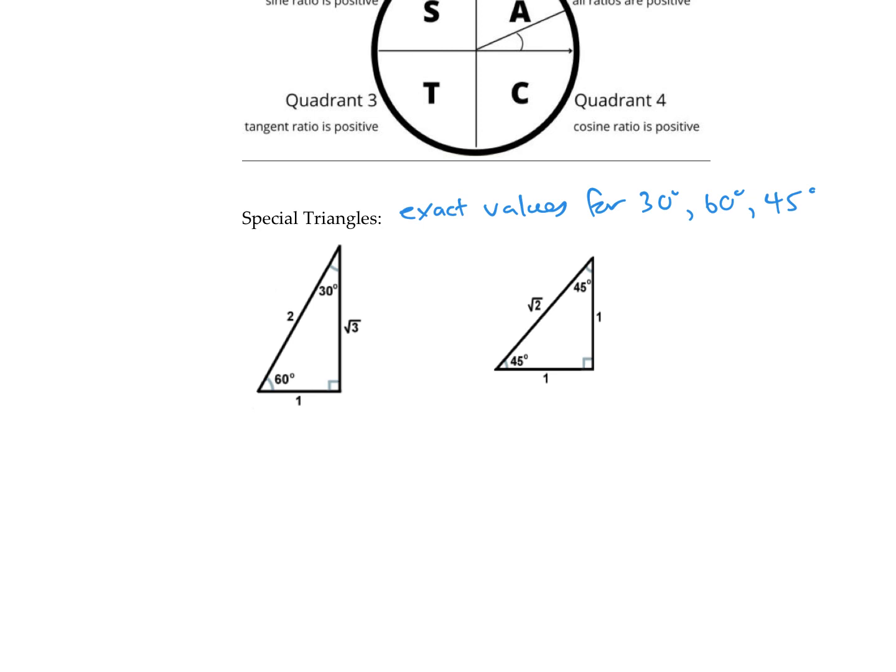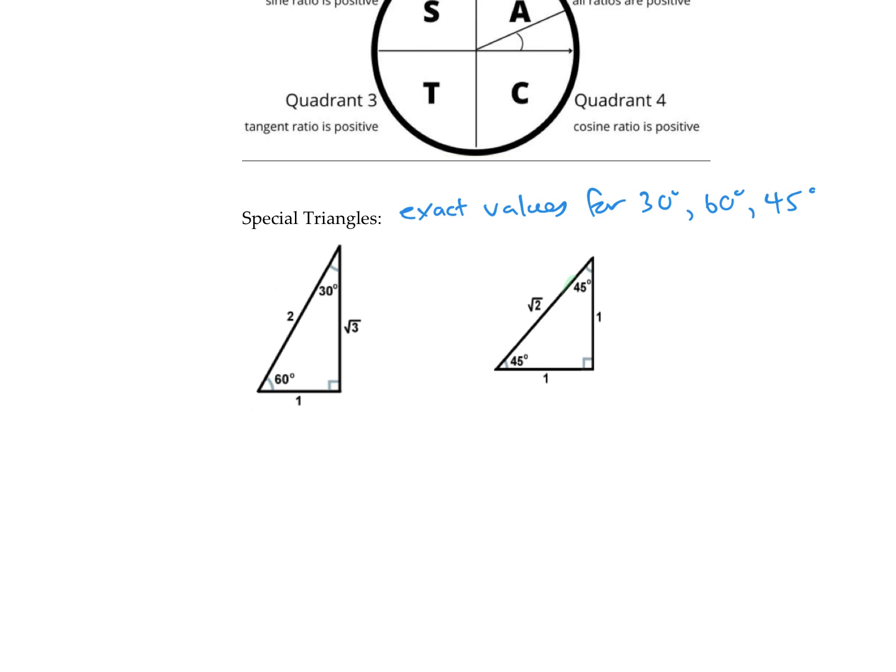So let's look at a 45-degree angle. If I draw a 45-degree angle, it is actually an isosceles triangle because both angles would be 45. So let's say we have a unit circle where the two sides are 1.